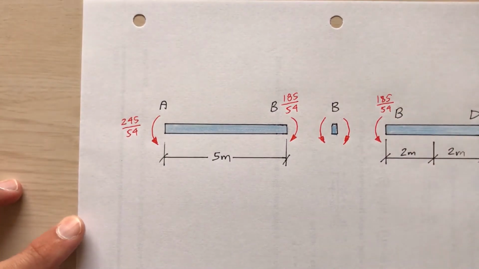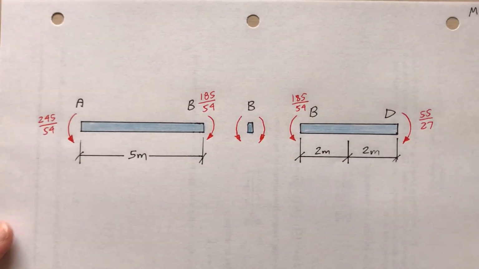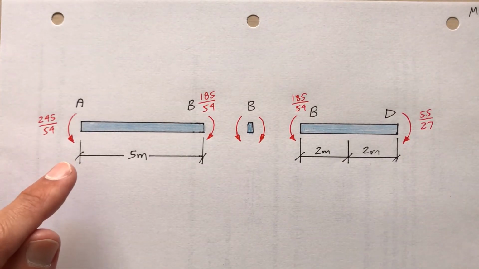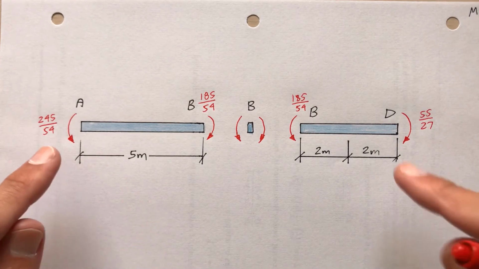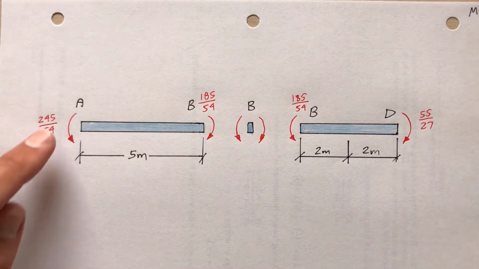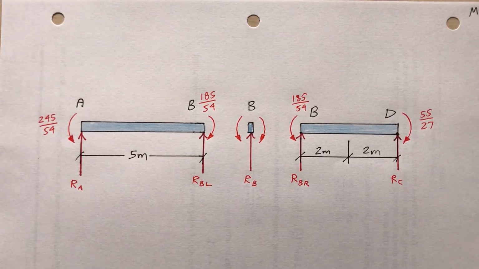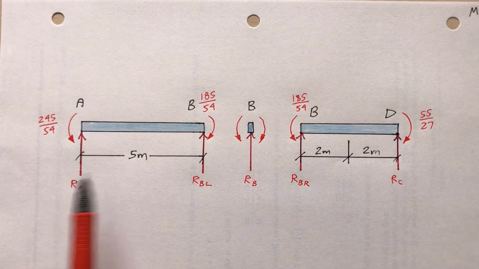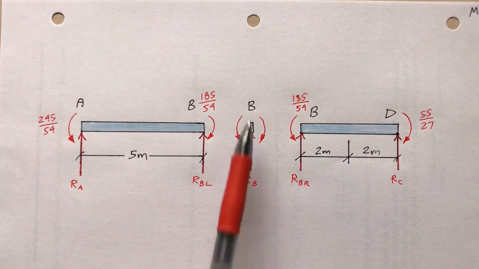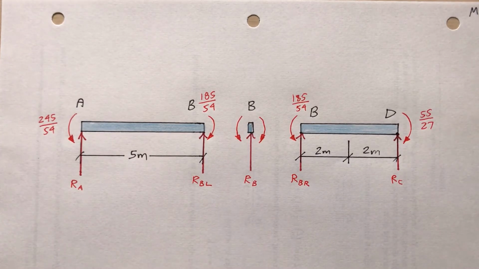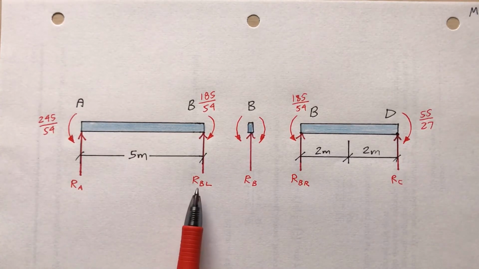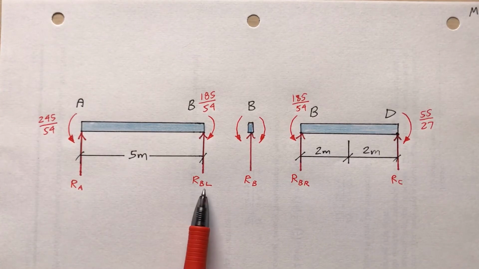What other reactions do I have here? There was a reaction at A and a reaction at D, vertical reactions, right? There were moment reactions. I got those covered. Now look at this. At A, I've got R sub A. At B, I've got R sub B. But that R sub B, part of it is coming from the left, so I say R sub BL.